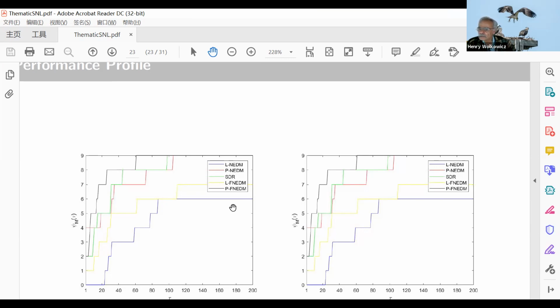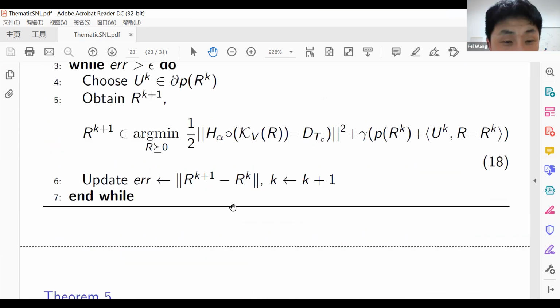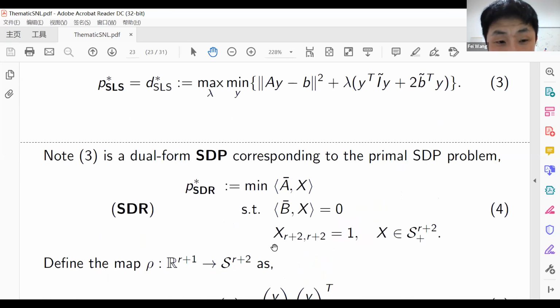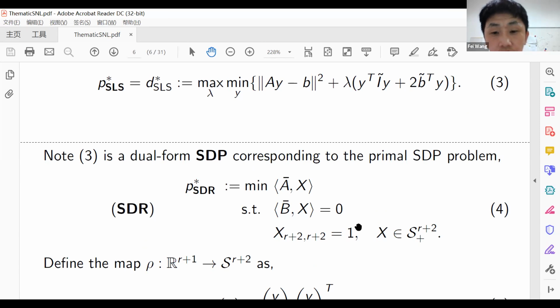Can we see the SDR model again? SDR is just the SDP relaxation of the trust region subproblem.